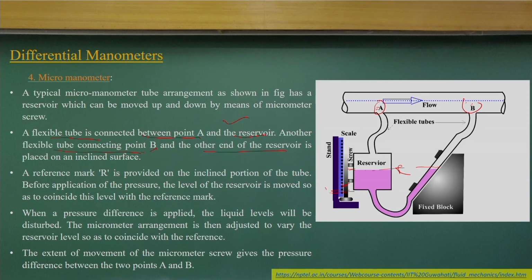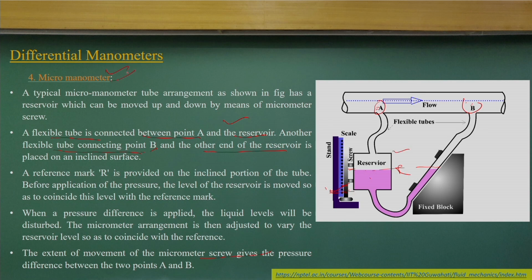calibrated with the pressure difference that is graduated here, and as you make a screw adjustment for a particular level, you will have a parallel reading of the pressure. So, with a simple mechanical arrangement, a manometer with a reservoir and inclined plane, we can measure the pressures with this type of screw arrangement.